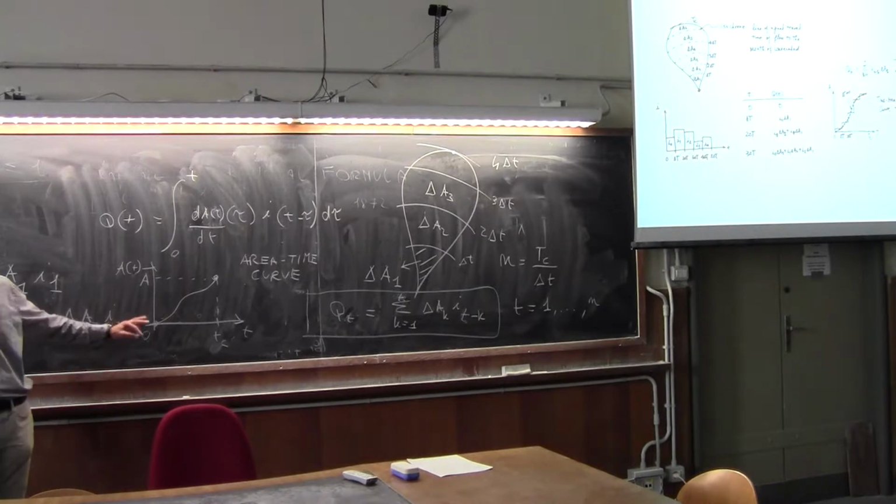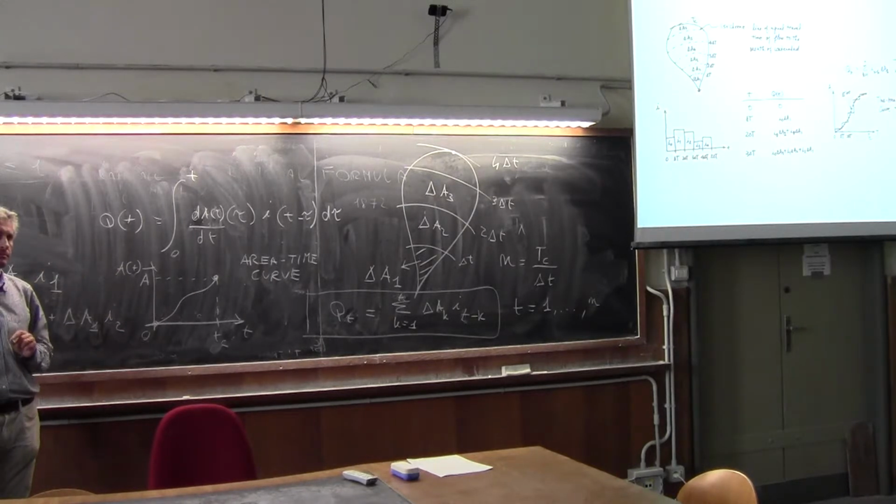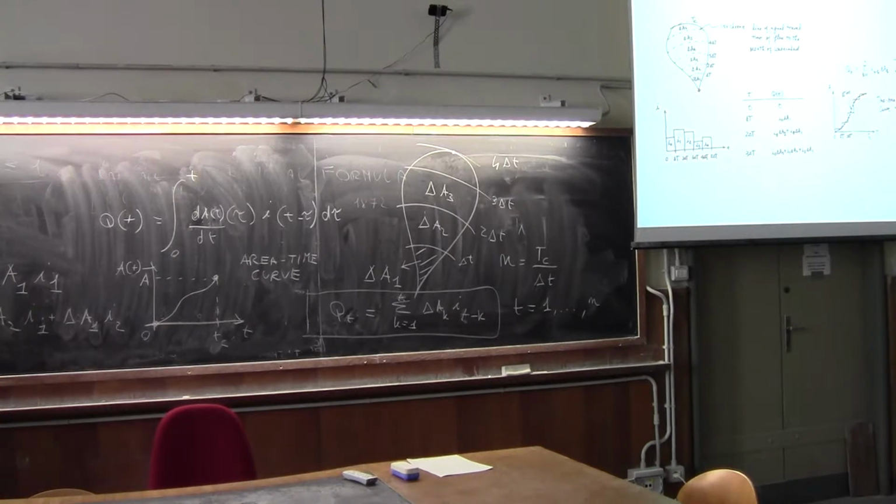And this is a behavior of the catchment. This is a typical behavior of the catchment. And it depends on the catchment shape. And also depends on the velocity of the drops over the catchment.